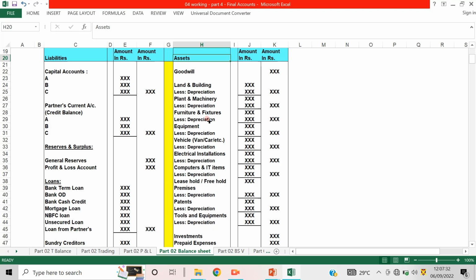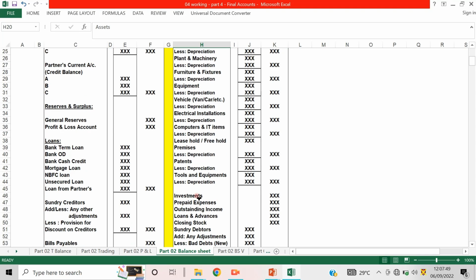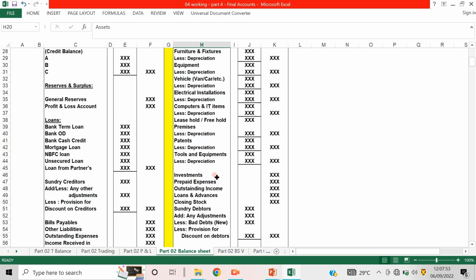Then furniture and fixtures less depreciation, equipment less depreciation, vehicle, motor car or any other thing, or for the purpose of a van, etc. Less depreciation, electrical installation less depreciation, computer or IT items less depreciation, leasehold, all these things. You can just see this. Various items are taken and then their depreciation is taken.